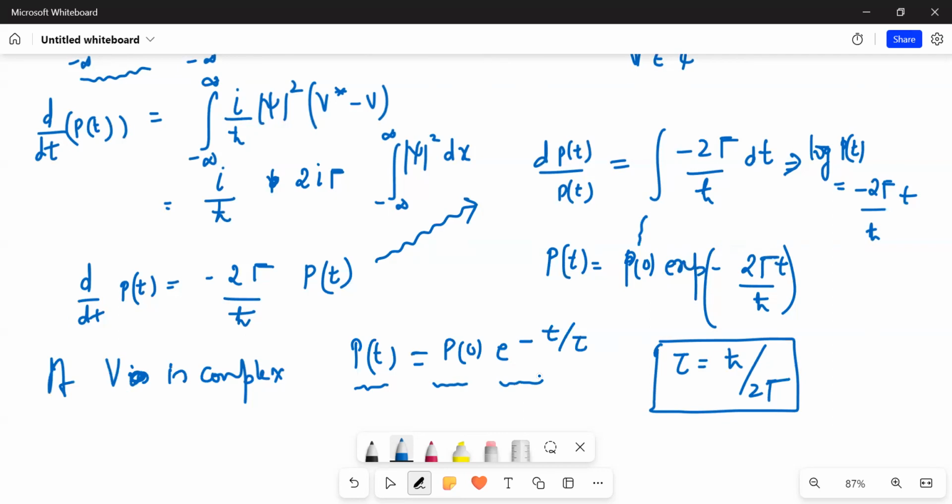So whenever one asks you whether or not the probability remains conserved, you should see what is the nature of the potential. If the potential is real, indeed the probability would remain conserved. Otherwise, it will in general be a function of time. I hope I'm making sense. Is that clear?